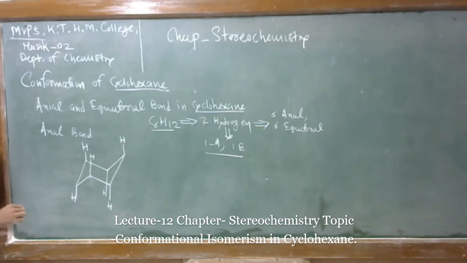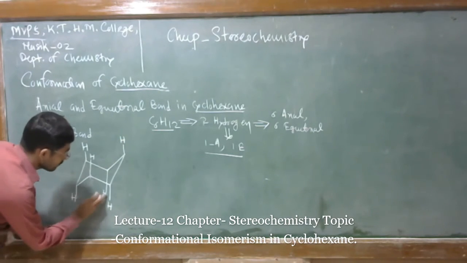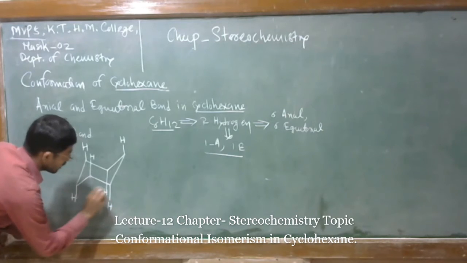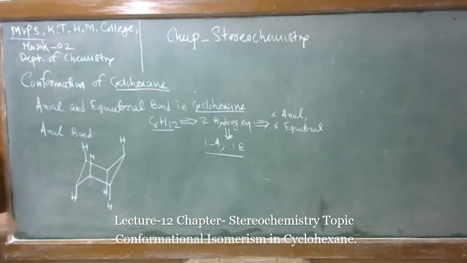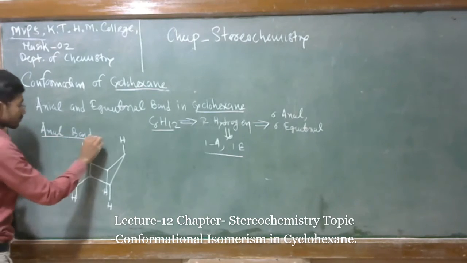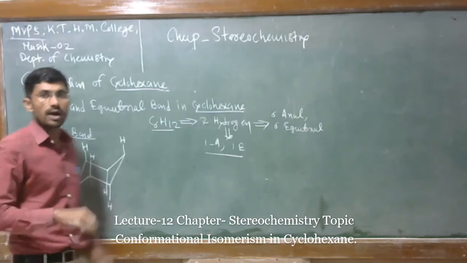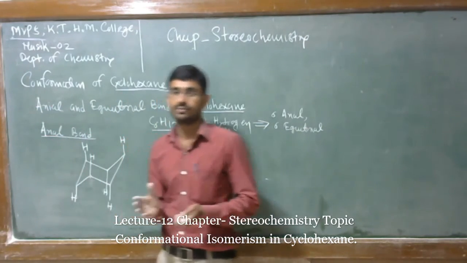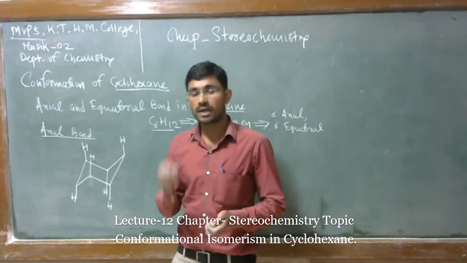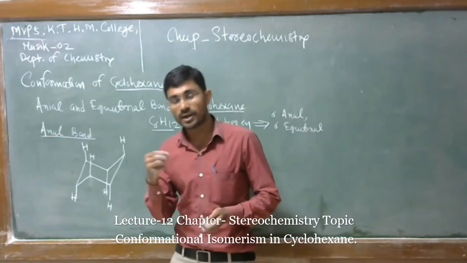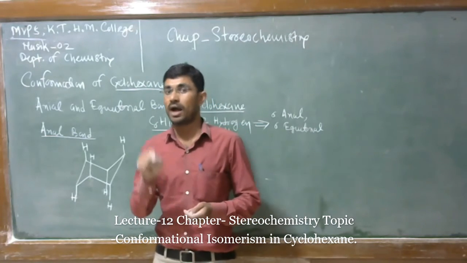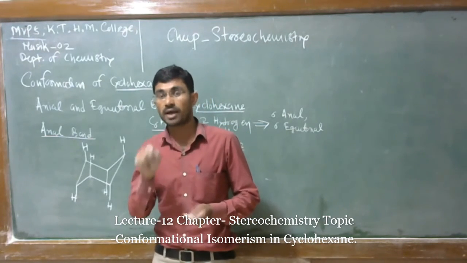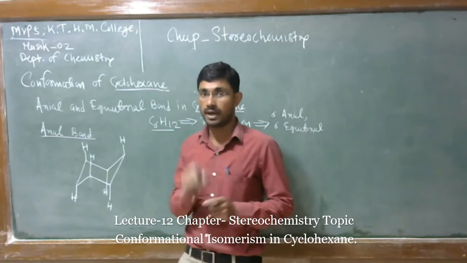In this way, we can draw the 6 axial hydrogens or bonds. These 6 axial hydrogens are perpendicular to the average plane of the ring and parallel to the axis, the central axis passing through the molecule.